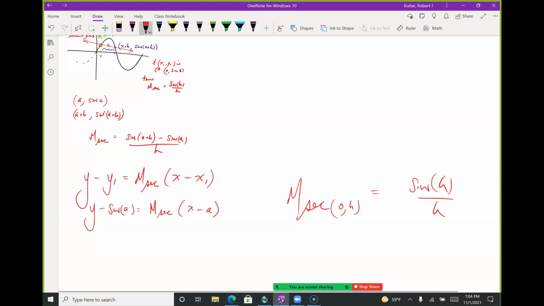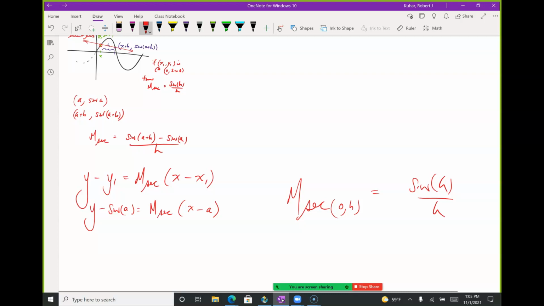And what is sine of 0 over 0? 1. What the hell? 0 over 0 is 1? Sometimes. This is the crazy thing. This is a big part of Calc 1: sometimes when we have a 0 over 0, we get 1. Sometimes we get 0. Sometimes we get infinity. It's called an indeterminate form.